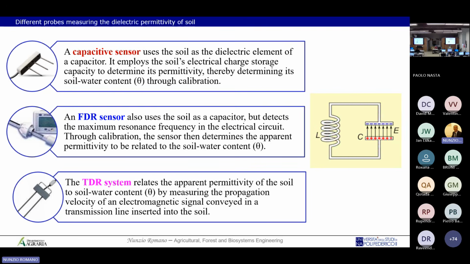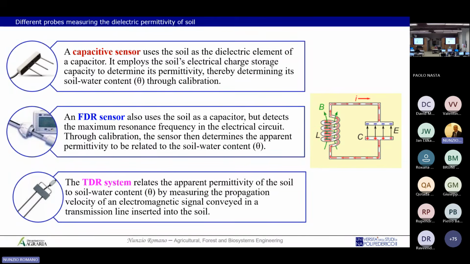But when there is an electrical field, the capacitor has the ability to store electrical energy, and this electrical energy can be measured using the permittivity and linked to the soil water content, as I said before, because water has very high permittivity. The relative permittivity is 80.